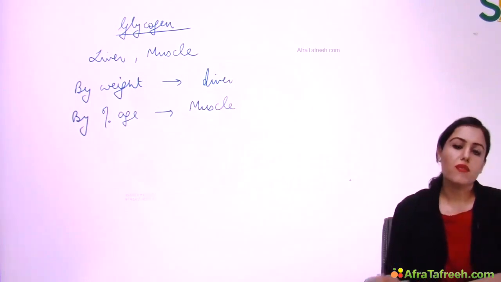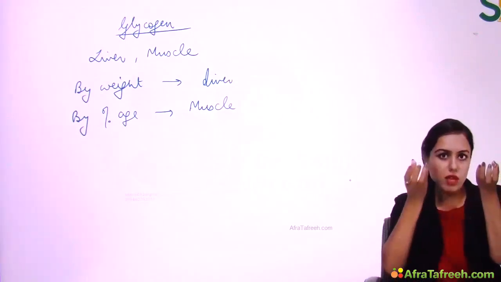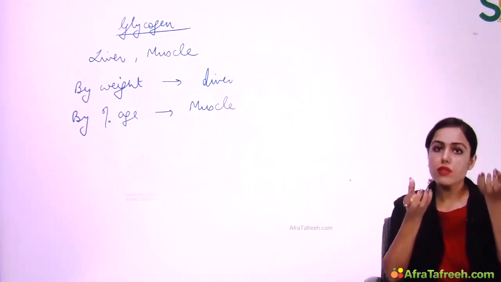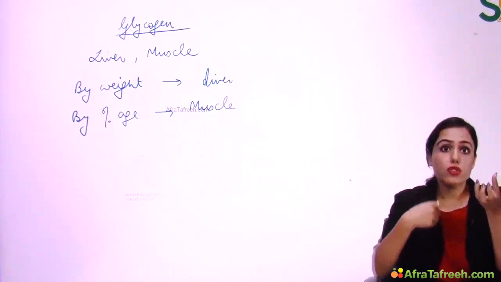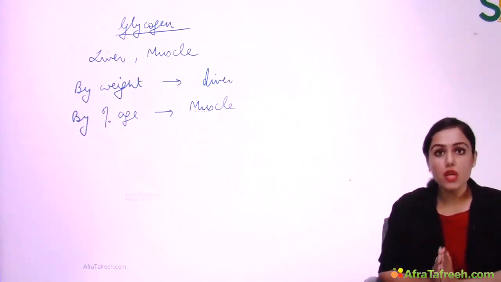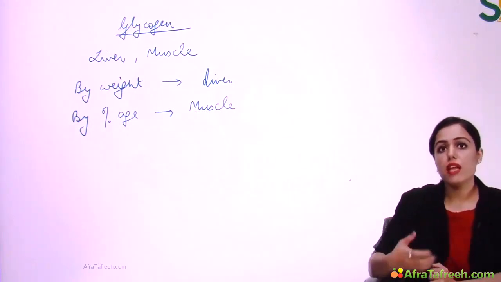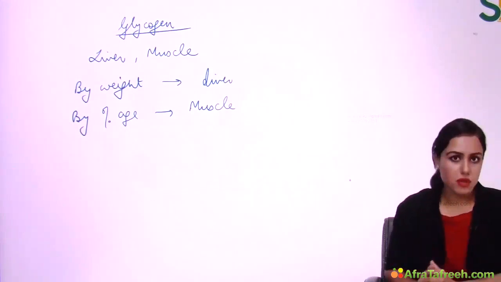What that means, when I say by weight, is if I take the same weight of liver and the same weight of muscle, then it is more obviously in liver, because liver is smaller in size. So any small tissue will have lots of glycogen stored in it, right? So by weight glycogen is more in liver, but by percentage, that is, if I calculate the full body percentage, glycogen is more in muscle, right?